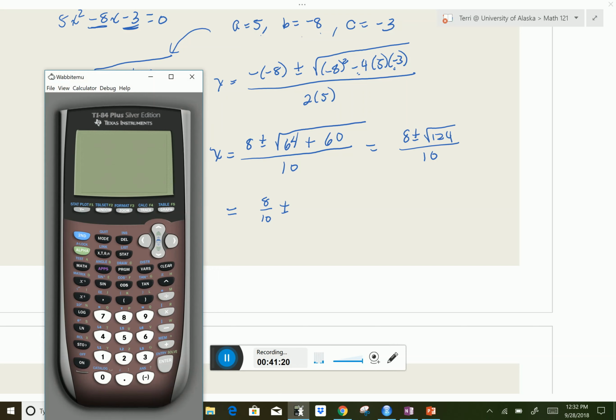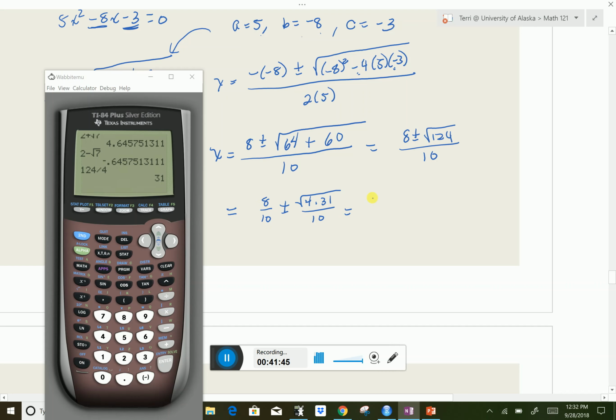What's 124? Or not, or 12 maybe. No, wait, not 12. Divided by 4, what do we end up with? 31. Yeah, I think that's about it. So remember, this is going to be the square root of, pardon, 4 times 31 over 10.